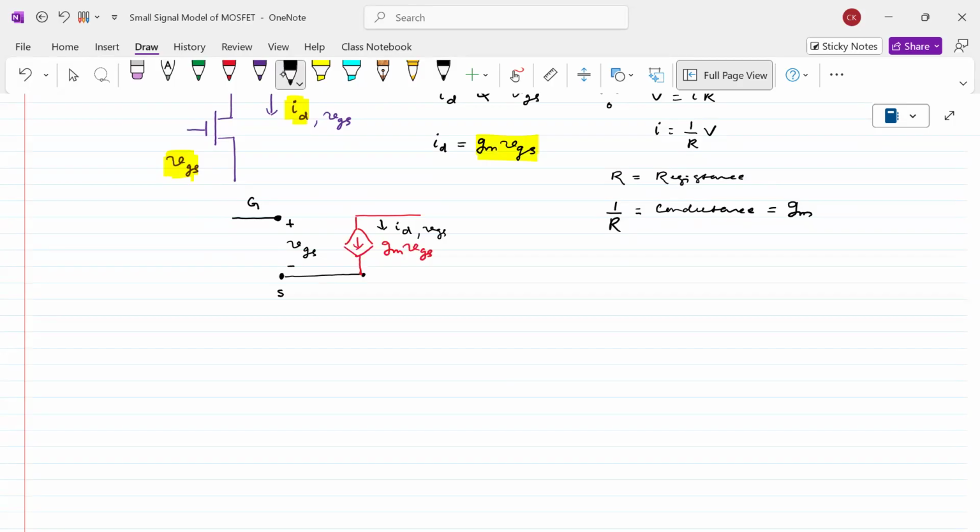Therefore, if you want to have more current, then which one is the responsible parameter here? The device parameter is most important. VGS is a small thing that you have applied, but you want more current. Then what do you have to do? We have to use a multiplication factor.